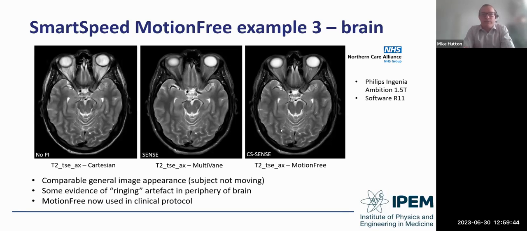We can see some difference in contrast in the multi-vane and MotionFree compared to the Cartesian. When these images were reviewed by one of our neuroradiologists, they did comment on some ringing artifact in the periphery of the brain in the MotionFree example, but it wasn't felt to be a major issue and anything that would affect the diagnostic use of the images. And the MotionFree sequence is now used in the routine clinical brain protocol in this hospital.